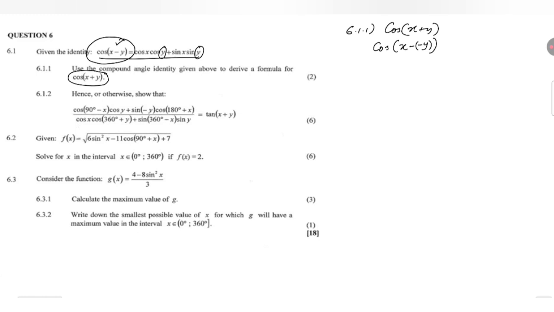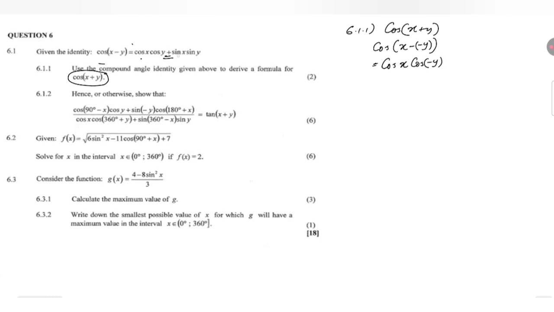Okay, so I'm going to use the idea of the given identity, this compound angle formula. According to this formula, cos(a minus b), what are you going to write? Cos a is cos x, then cos y, where in the place of y it is minus y.